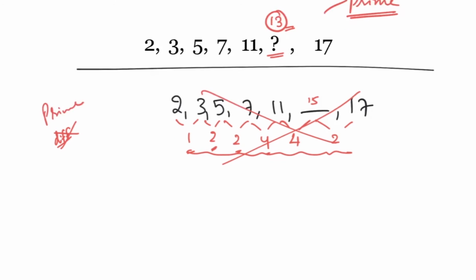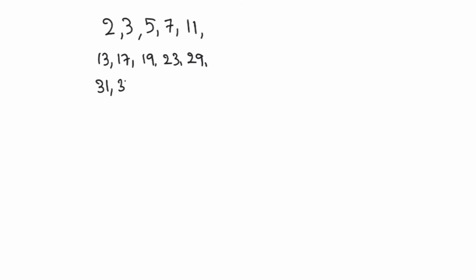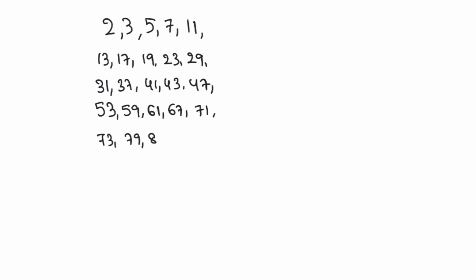See, in the first 100 natural numbers, prime numbers are 2, 3, 5, 7, 11, 13, 17, 19, 23, 29, 31, 37, 41, 43, 47, 53, 59, 61, 67, 71, 73, 79, 83, 89, 97.